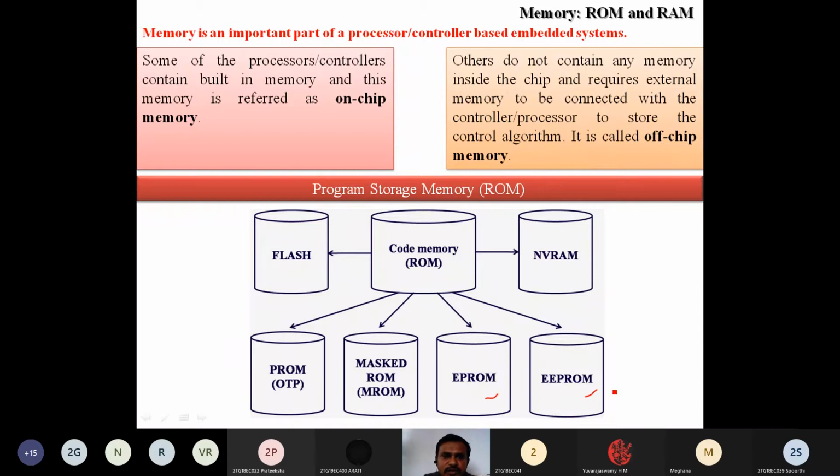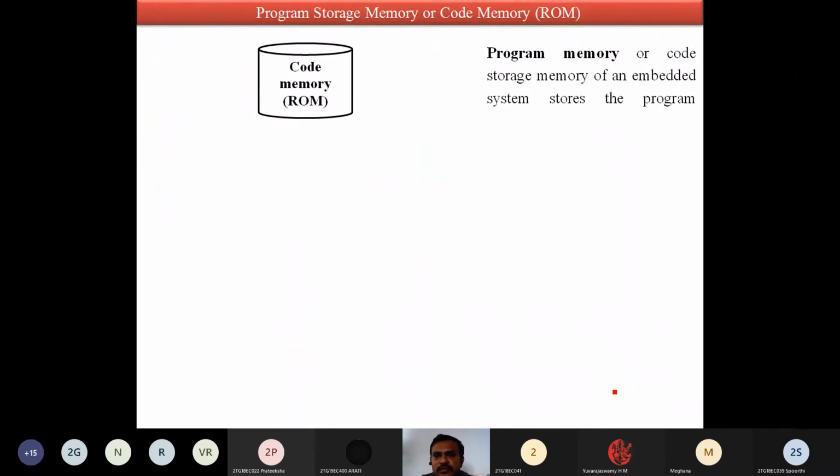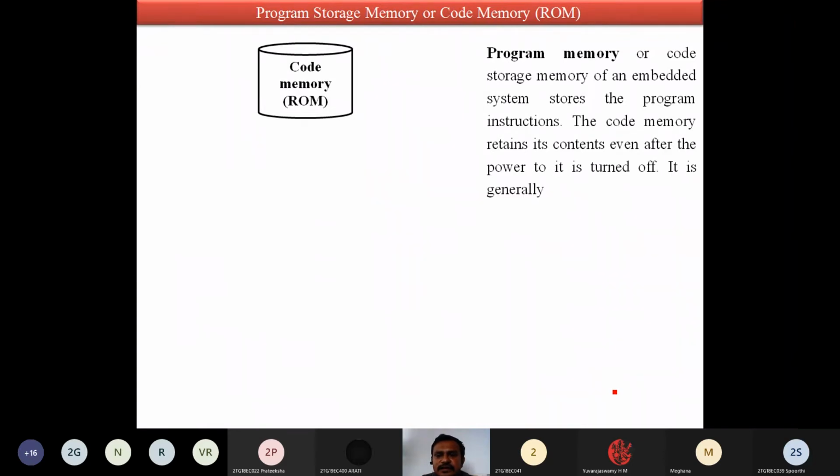Let us discuss one by one. What is this code memory, or you may say the concept of this ROM? The program memory or code storage memory of an embedded system stores the program instructions. The code memory retains its contents even after the power to it is turned off.